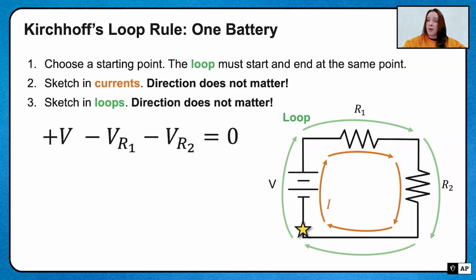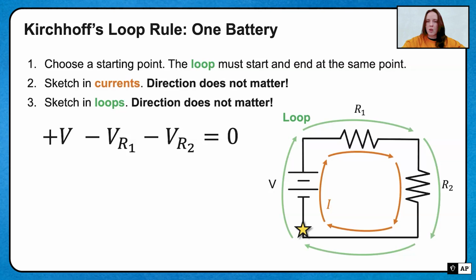Now I'm going to follow my loop. I start at my star and travel along my circuit in the direction I've drawn my loop. I encounter a battery, and I go from the negative to the positive terminal. That gives me a positive voltage contribution, so I wrote a plus V over here. Then I hit resistor number 1.